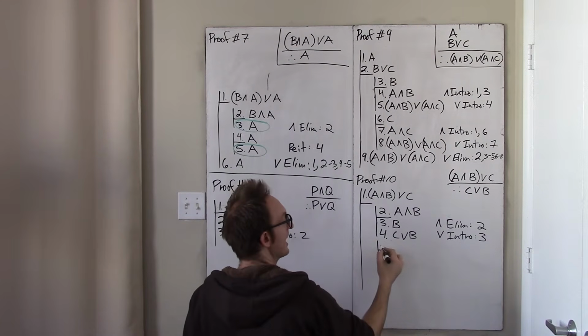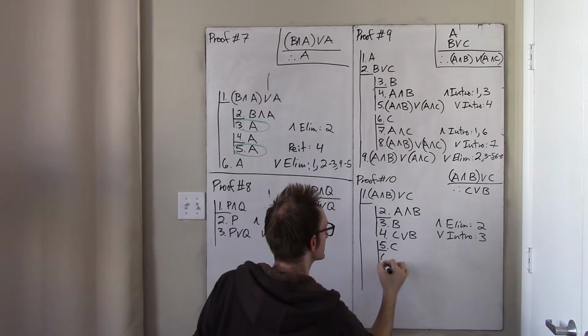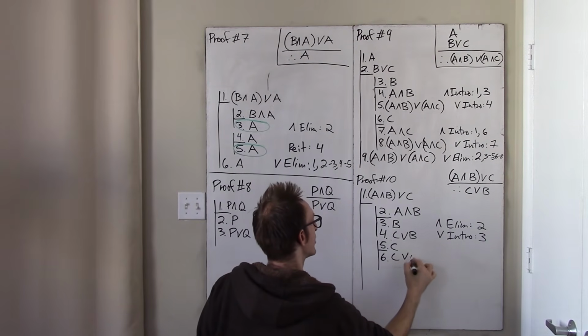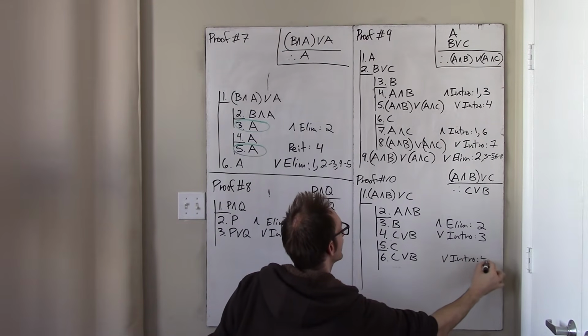What about the other option, that it was C that was true, the right disjunct? Well, now it's even sort of simpler to just OR on that B. So that's OR intro 5.